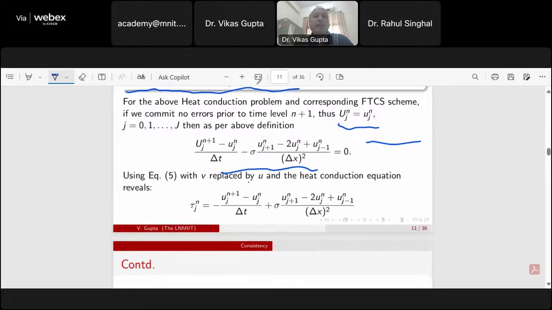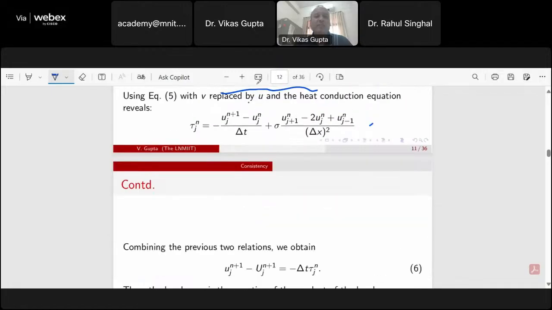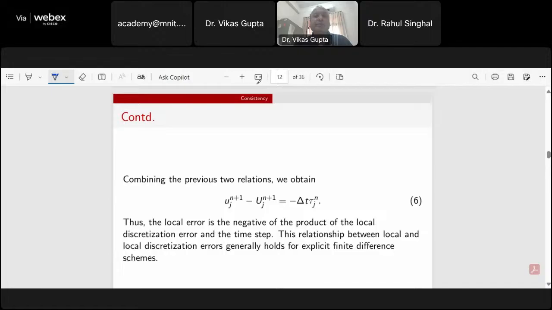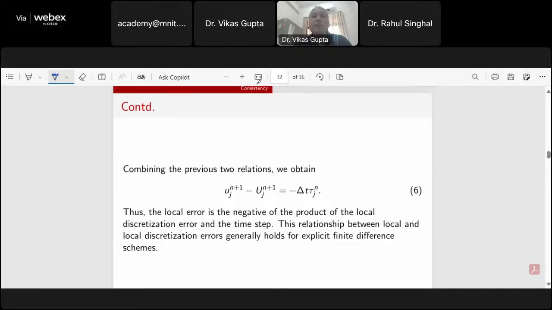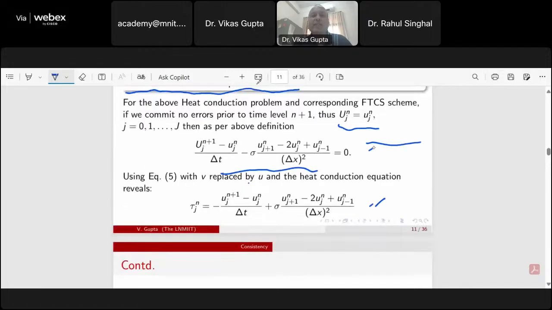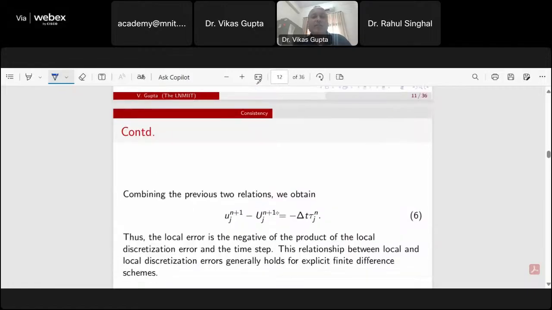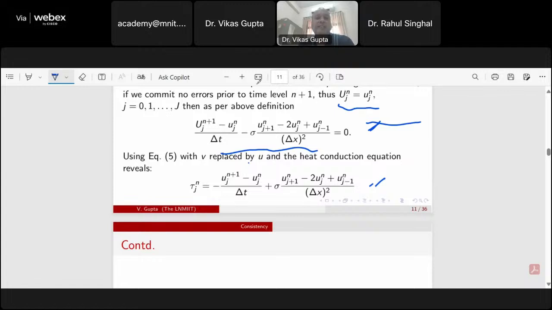Okay. Now subtracting this equation from this equation, we are getting Ujn plus 1 minus capital Ujn plus 1 equal to minus delta t tau Jn, because all other terms will be cancelled out.